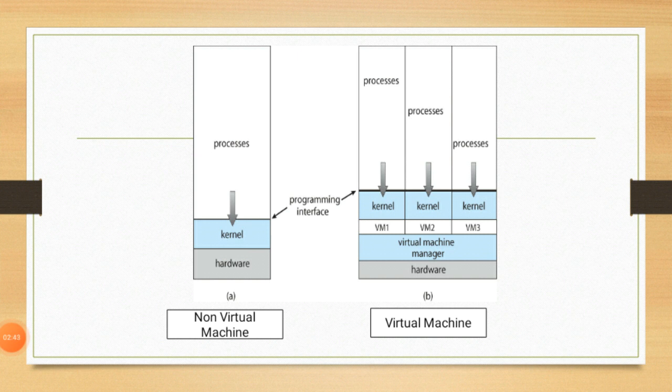So in a single computer we have installed one OS, and in that we have installed the virtual machine software. Then the virtual machine acts as several different execution environments. In this diagram we have three virtual machines, VM1, VM2 and VM3. Each virtual machine acts as its own computer.